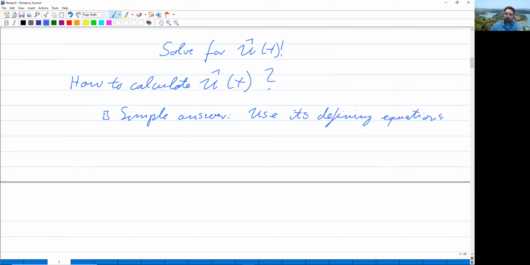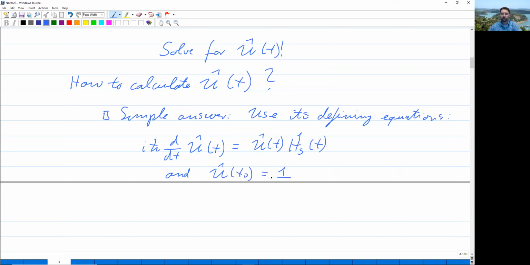And remember what they were? Well, by definition, the time evolution operator obeys these equations of motion. i h bar d by dt of u hat of t is equal to u hat of t, Heisenberg picture Hamiltonian, and the initial condition that u hat at the time t naught is equal to the identity operator.